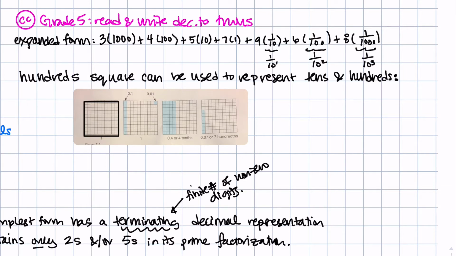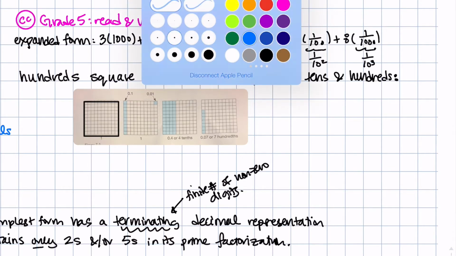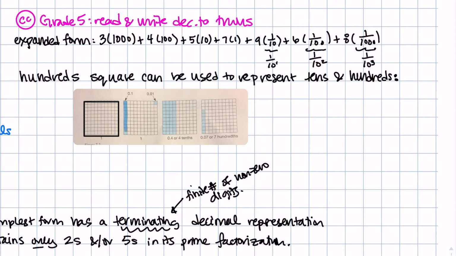And so this blue column here is going to be 1/10 of that square, so that represents 0.1. This little blue square here is 1/100th of that square, right? Since there are 100 little boxes, so that represents 0.01. So here's a nice visual representation of decimals using a hundredths block, okay?